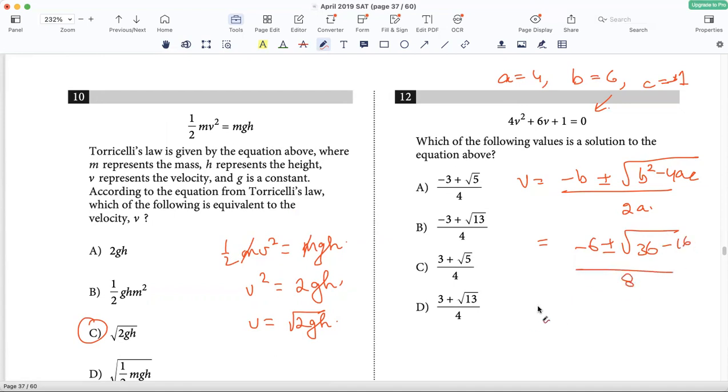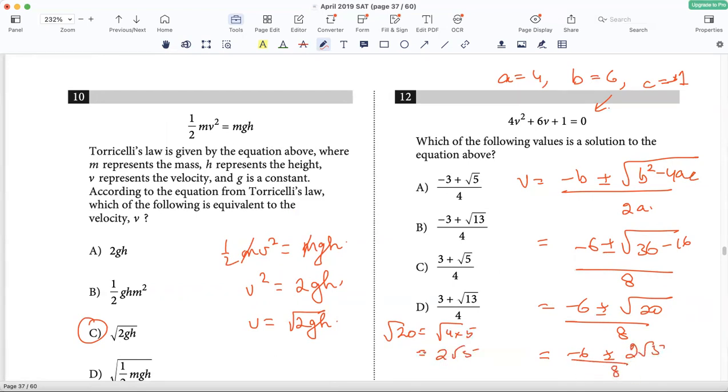Divided by 8. So minus 6 plus minus root 20 divided by 8. Now root 20 is root 4 into 5, which is 2 root 5. So this is 2 root 5 divided by 8. And that in turn is minus 3 plus minus root 5 divided by 4. So minus 3 plus root 5 divided by 4, option A.